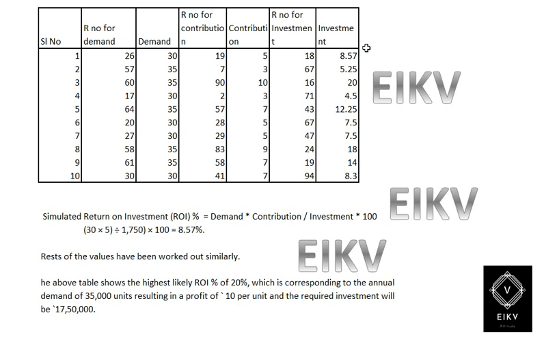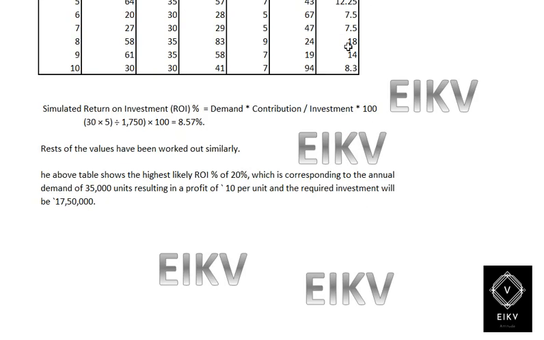In the same way you need to compute the rest. The table shows the highest ROI of 20 percent, which corresponds to an annual demand of 35,000 units, resulting in a profit of 10 per unit, and the required investment is 17,50,000.